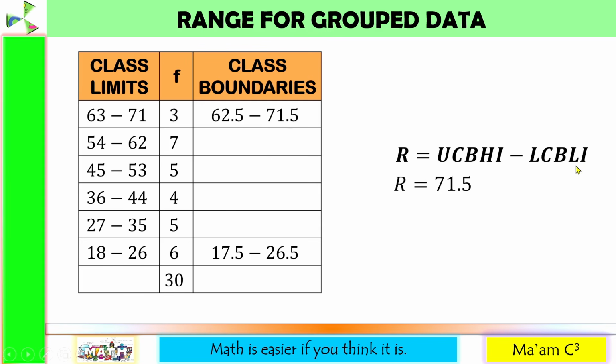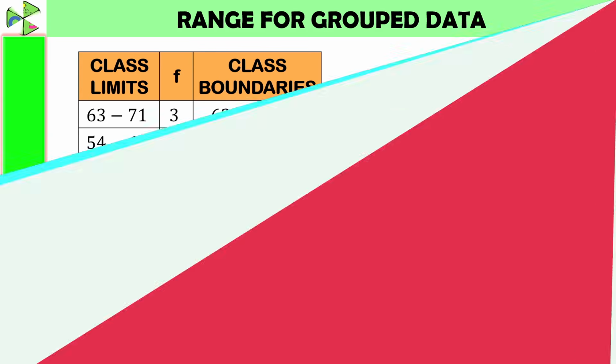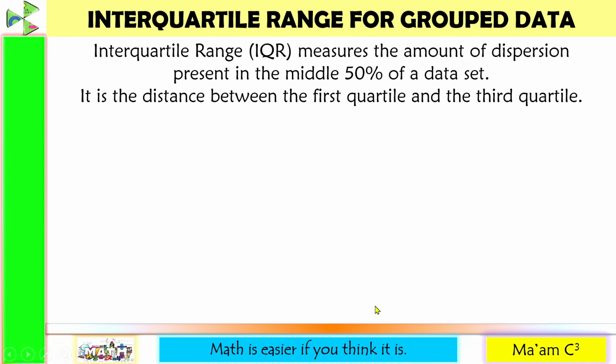Now, for the lowest interval, this one, 18 to 26, the lower class boundary is 17.5. 71.5 minus 17.5 will give us a range of 54. Just a recall, this on the left side is the lower class boundaries and this on the right side is the upper class boundary.